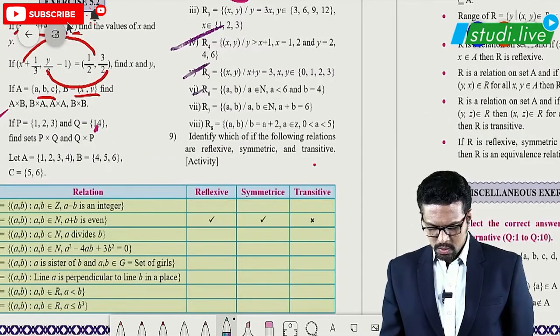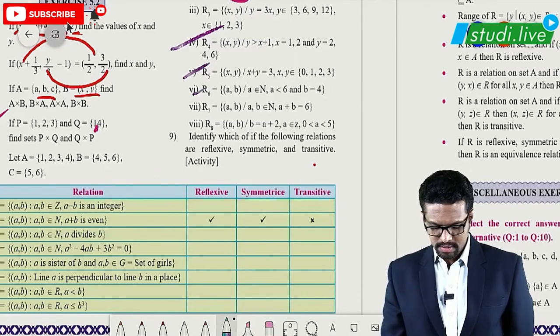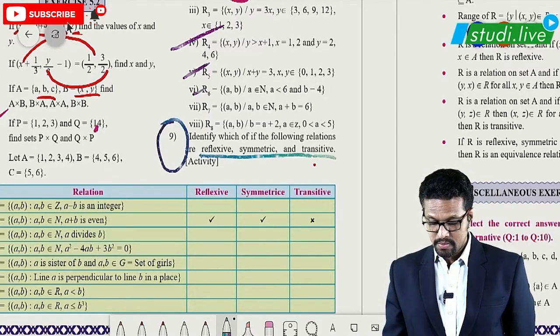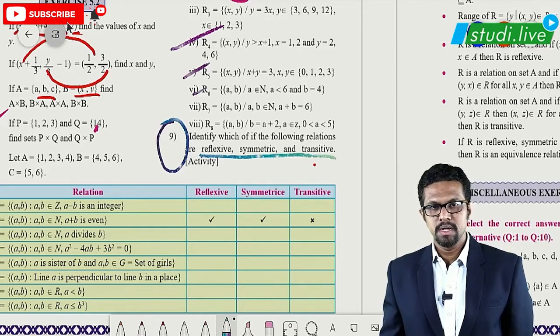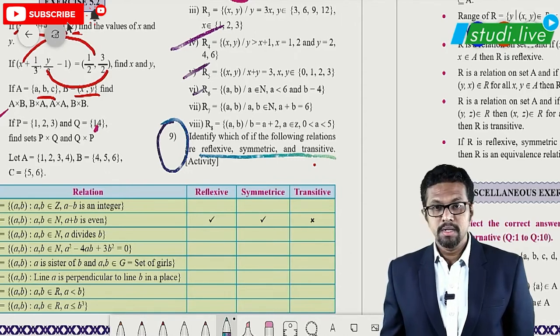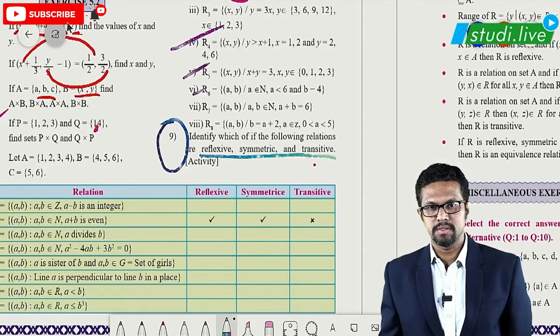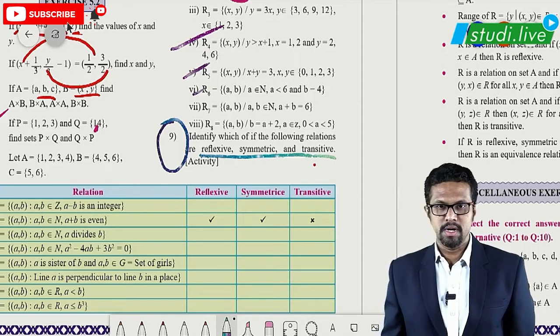So the last question that we have over here is this, in which we are trying to identify the reflexive, symmetric and transitive relations. Now this question is not that important, because this question at least is not asked much in college exams. But if you are trying to attempt entrance level questions, JEE exams, then of course you have to be thorough with the reflexive, symmetric and transitive properties of a relation.